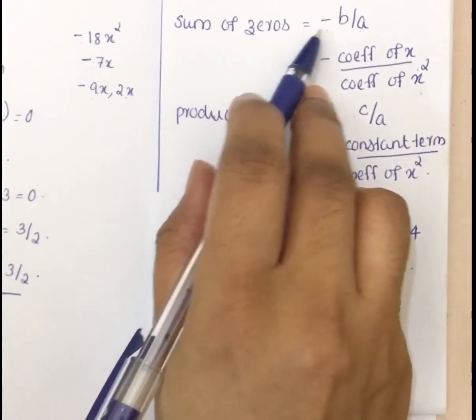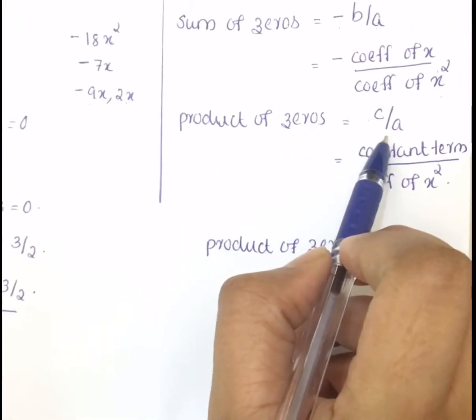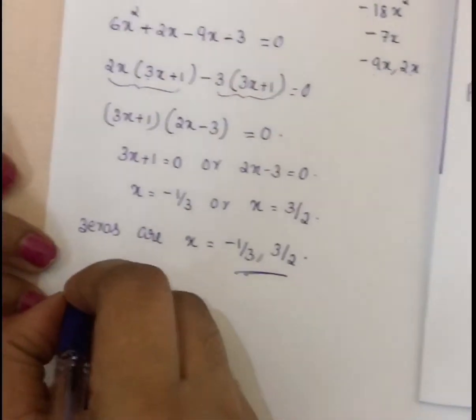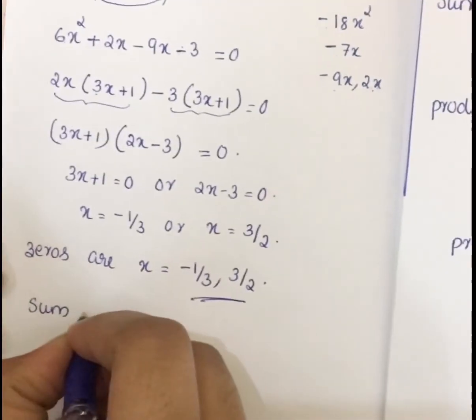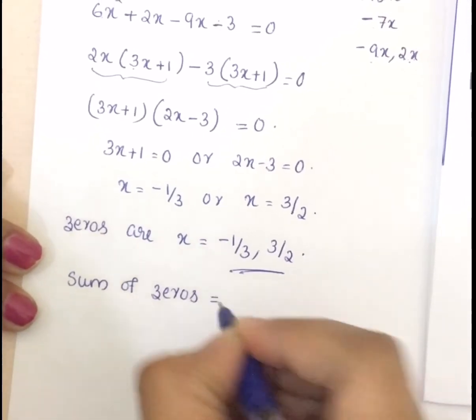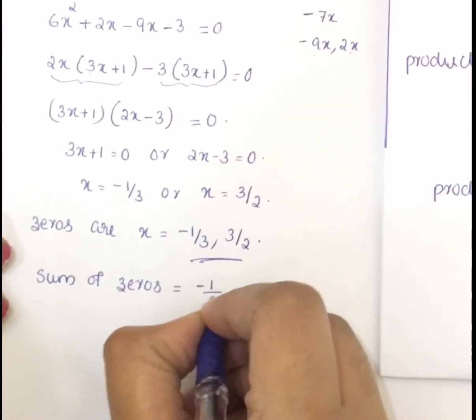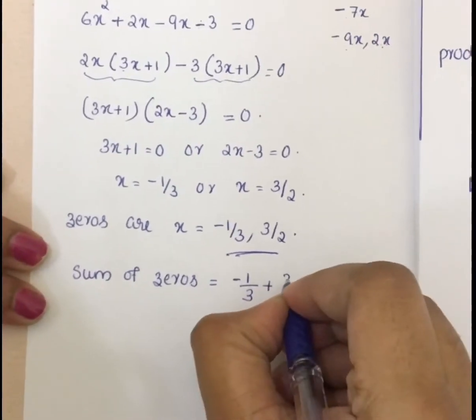Sum of zeros is equal to minus b by a and the product of zeros is equal to c by a. The sum of zeros is equal to minus 1 by 3 plus 3 by 2.